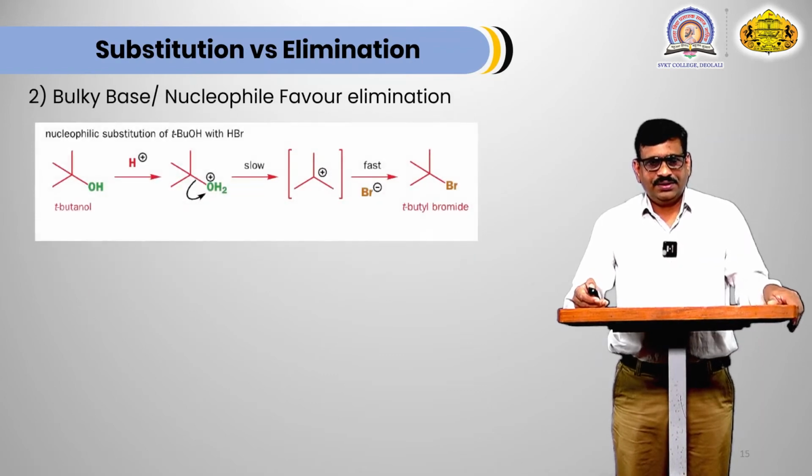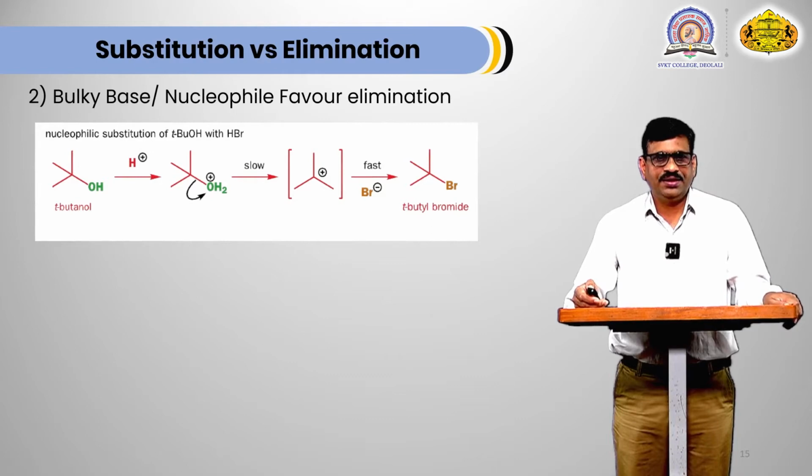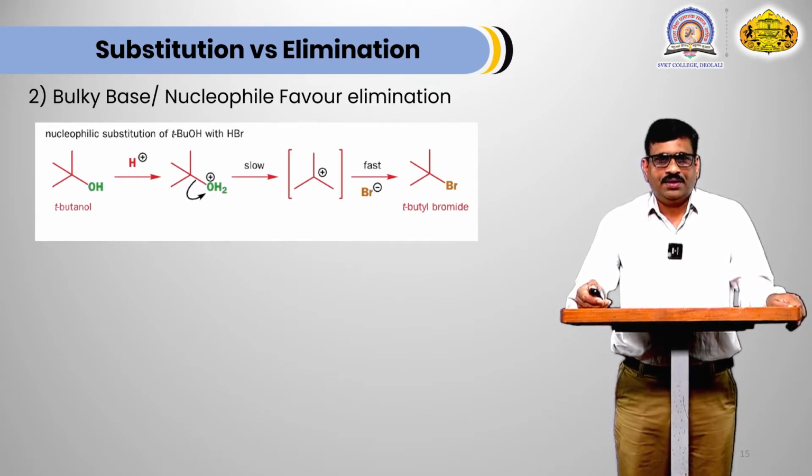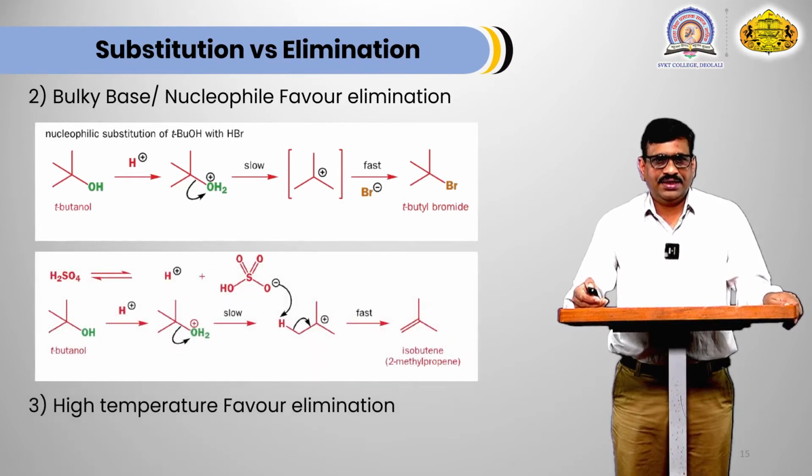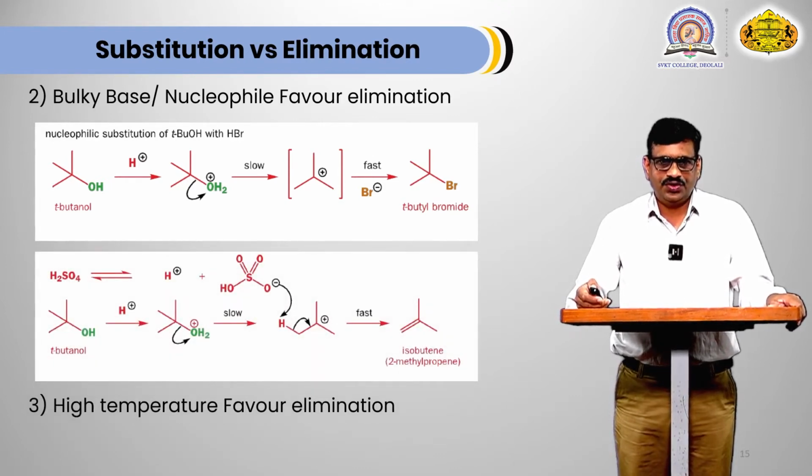Another factor that affects substitution and elimination reactions is the nature of the base, that is the bulkiness of the base or nucleophile. In the first case, this reaction is carried out in the presence of HBr. Br minus is smaller in size as compared to ethoxide. In the second case, the same reaction is carried out in the presence of H2SO4.